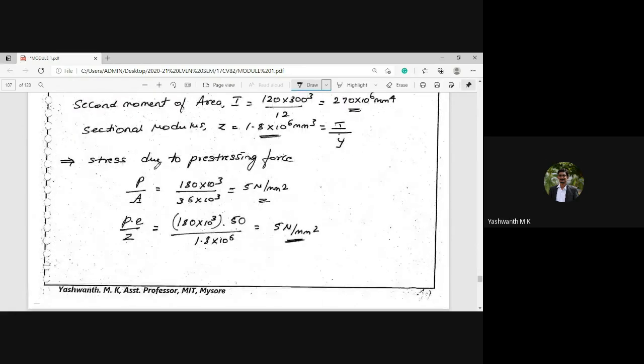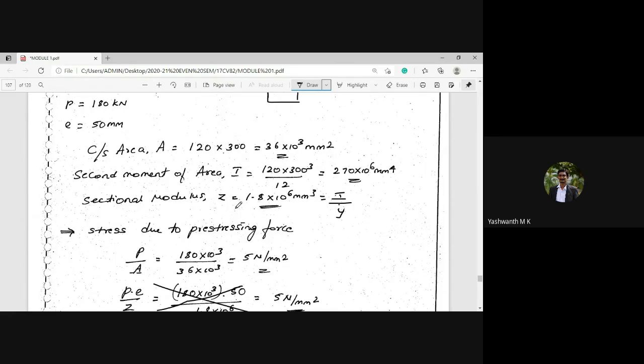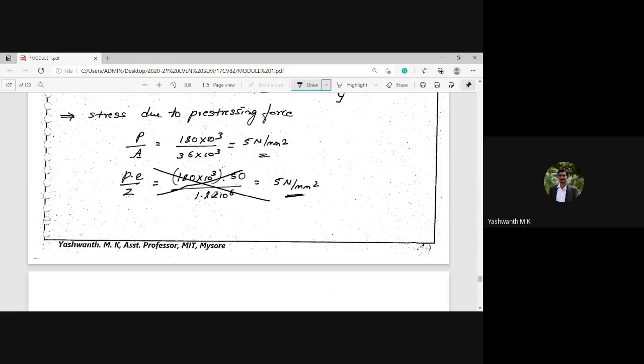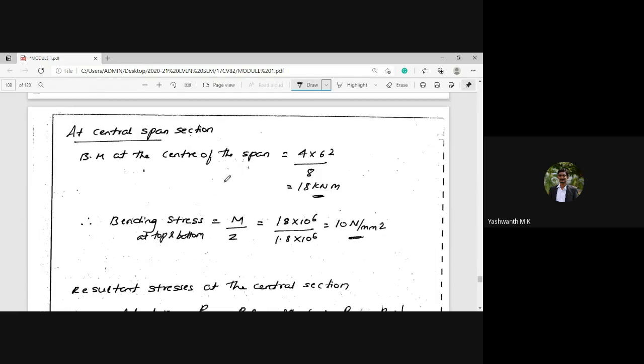Next, let me calculate P by A. We don't want this, because we require these things in the stress concept. We want to solve the problem using the pressure line concept, so there is no need of this. P by A is equal to 180 into 10 to the power of 3 divided by the cross-sectional area. Next, a very important thing, calculating the bending moment, because M is required.